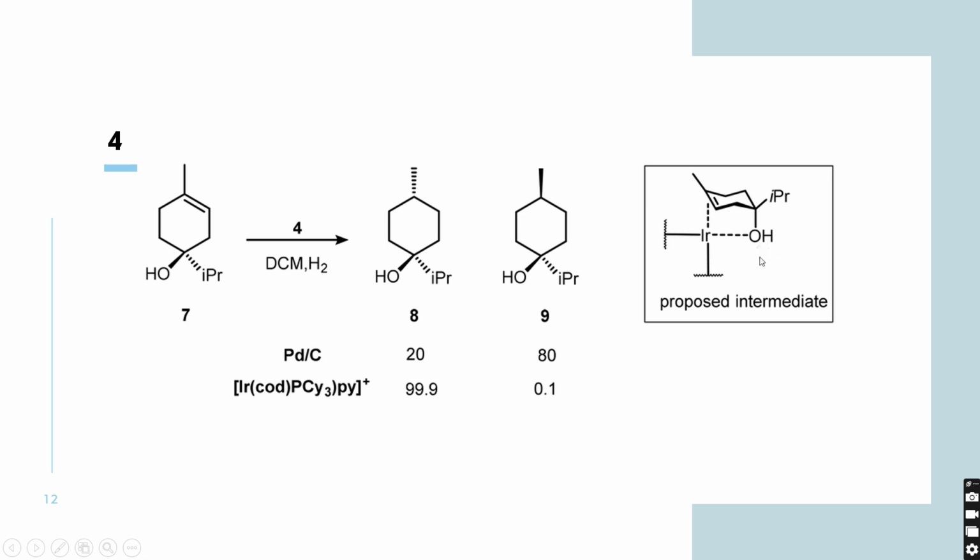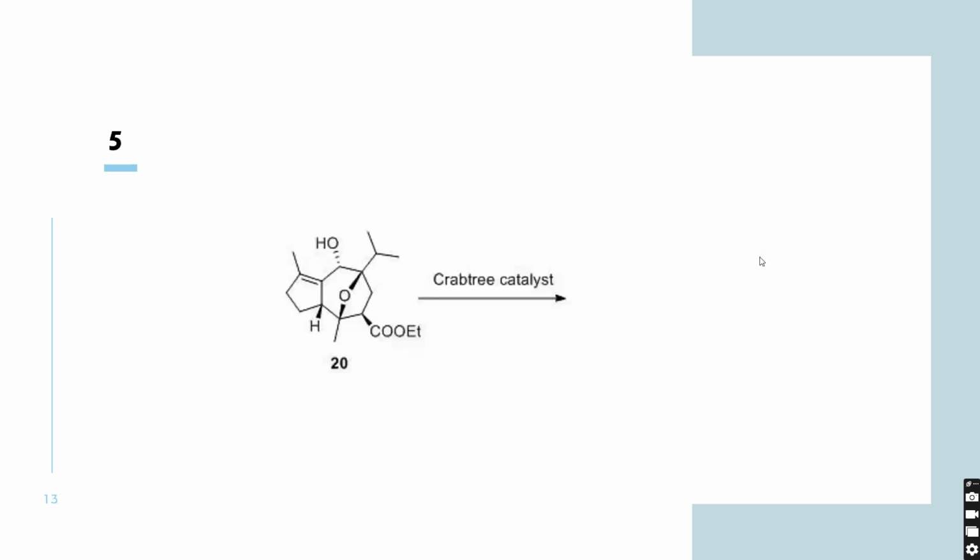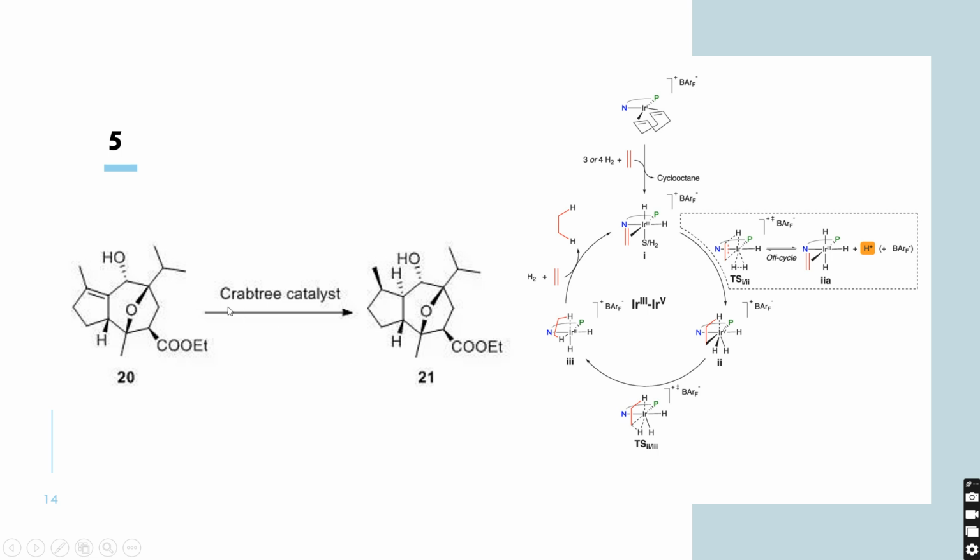This is why the incoming hydride was always coming from the face which is syn to the hydroxy. And this is also a similar question. Here also we saw assistance of this alcoholic functionality, due to which the hydride was coming from the same face of the hydroxy and the methyl was being pushed to the opposite face.